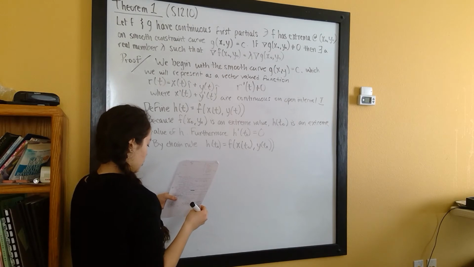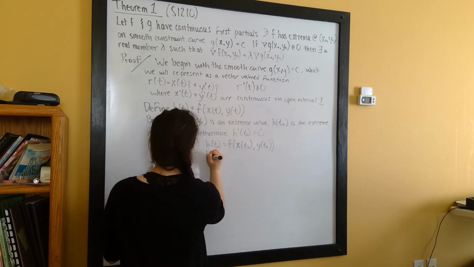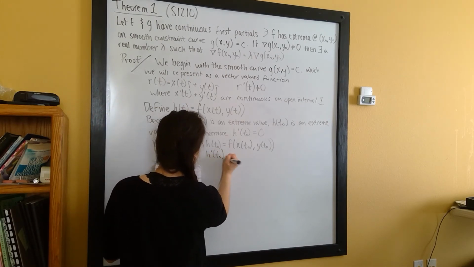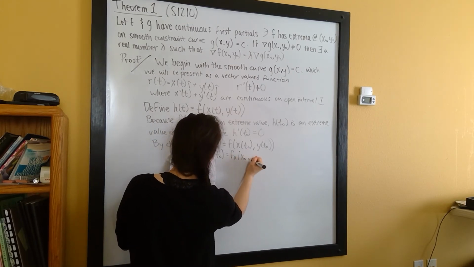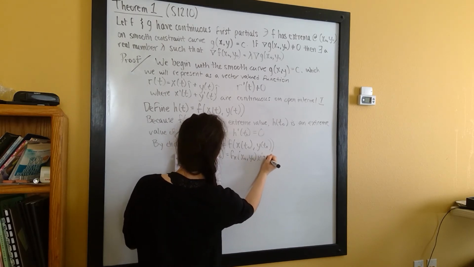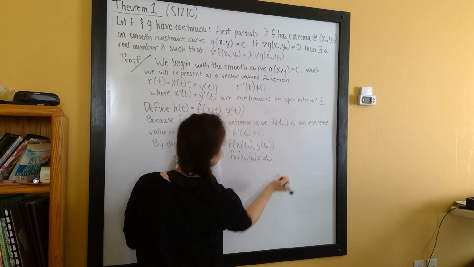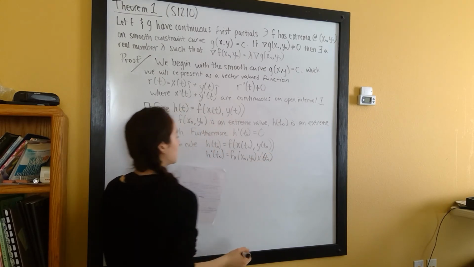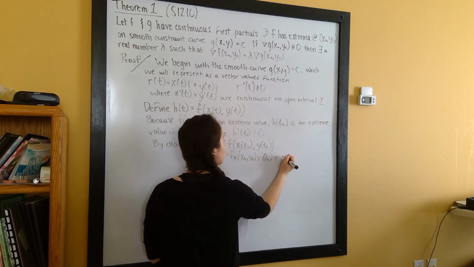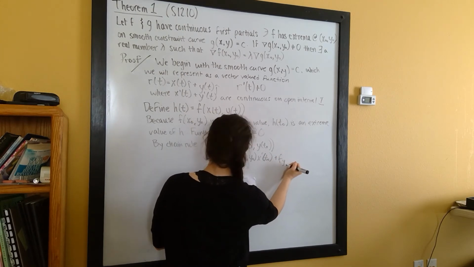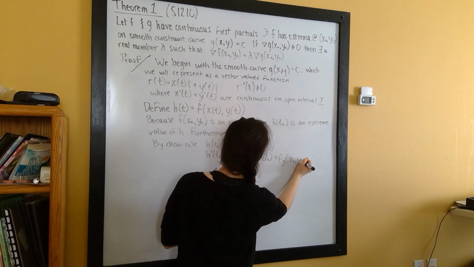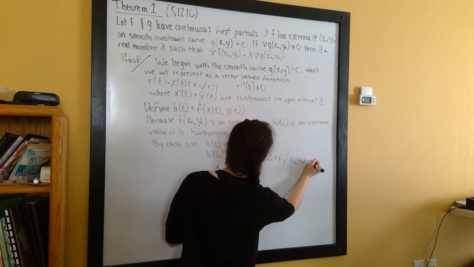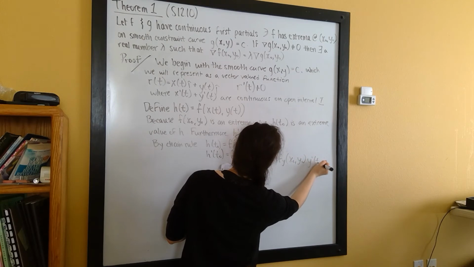We could write the derivative of that, and that would be f sub x of x naught, y naught times x prime of t naught plus f sub y, or partial y, of x naught, y naught times y prime of t naught.